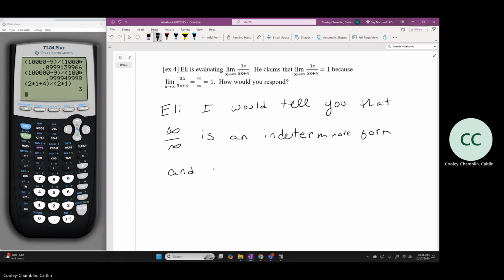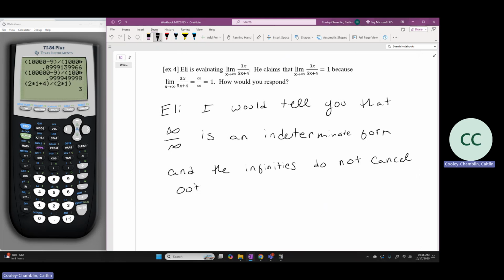and the infinities do not cancel out, because we don't know if one infinity is larger than the other or smaller than the other.